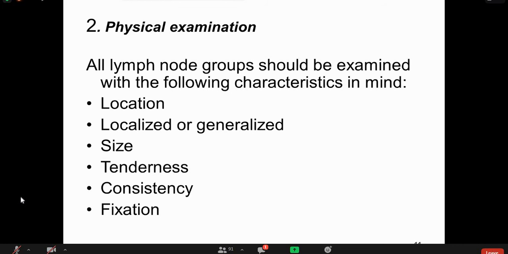Fixation can be described in terms of two dimensions, like fixation to the underlying structures and fixation to the overlying skin. Fixation to anything that I just mentioned is not a good sign. It means that likely the lymph node is having something which is not benign, something which is chronic, something which is malignant. It is not a good sign at all. So describing the lymph node examination in these parameters is of utmost importance.